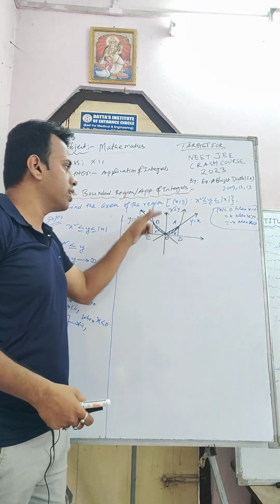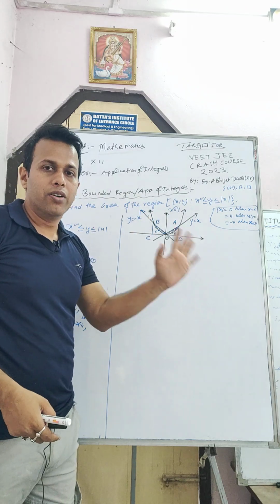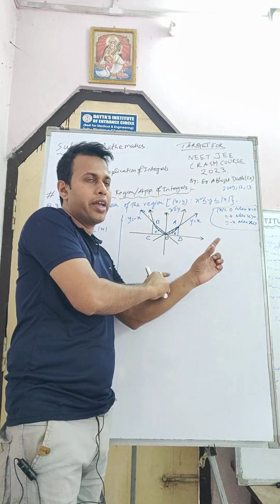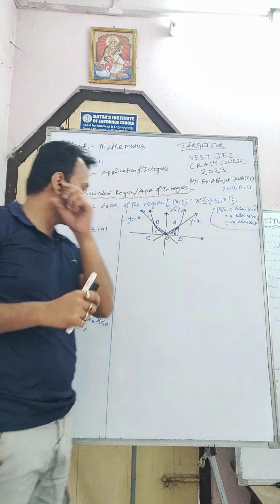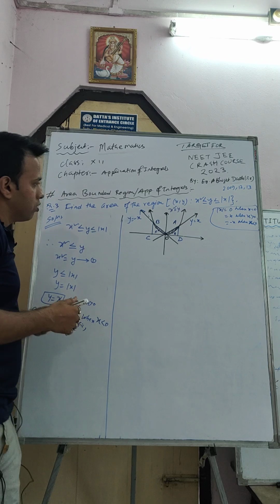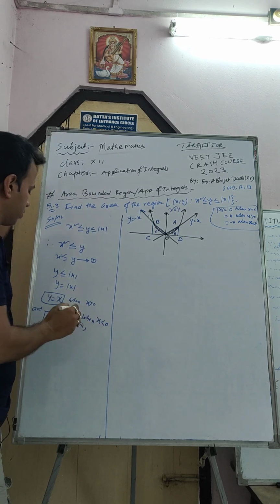This shaded area and that shaded area are the same, so if I multiply by 2, we will get the required area. Fine. So first we have to solve these equations.